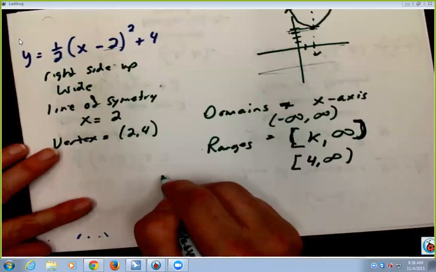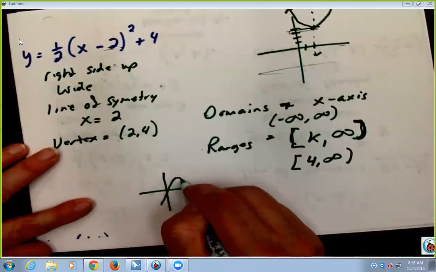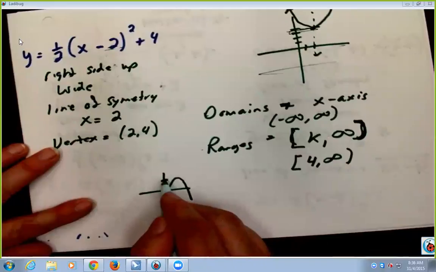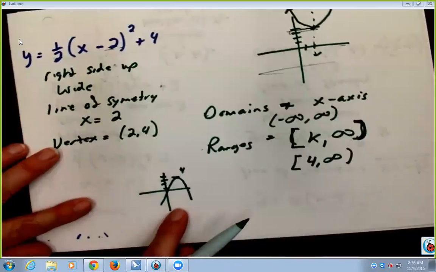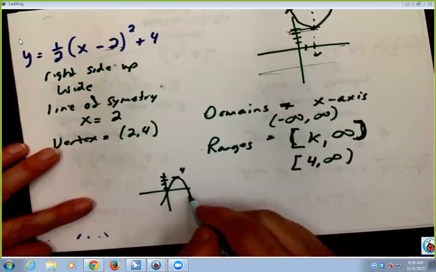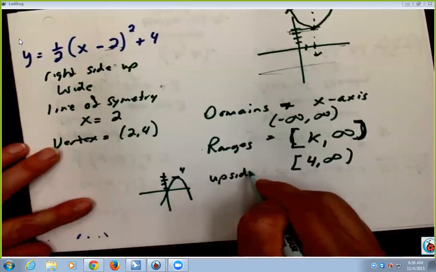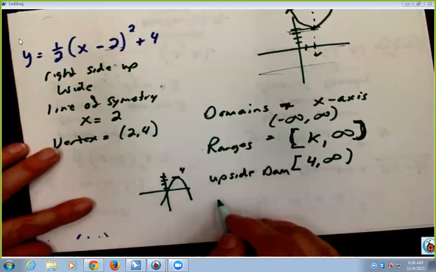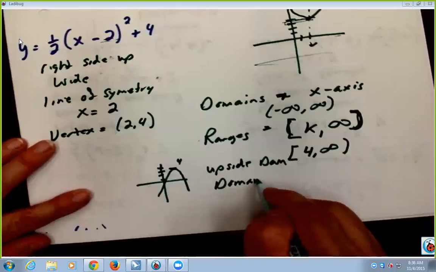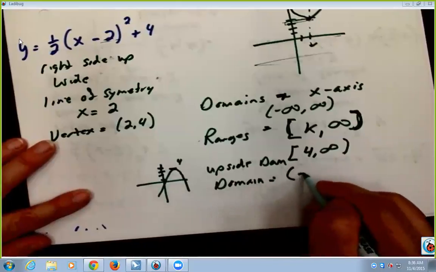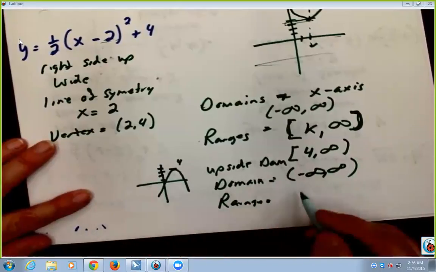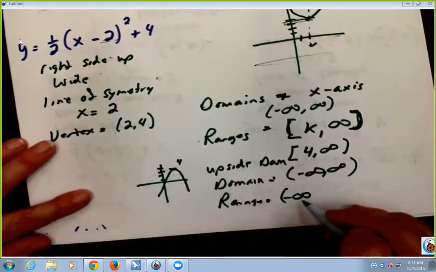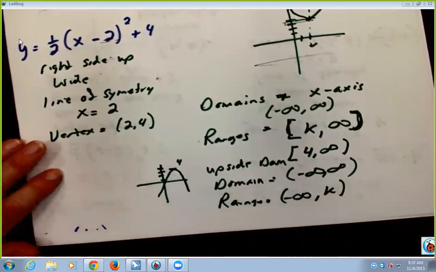Now for ranges, if your parabola goes upside down like so, and you're up here at 4, my range will change for this one. The domain will still be from negative infinity to positive infinity, but my range is now going to go from negative infinity to whatever K happens to be.